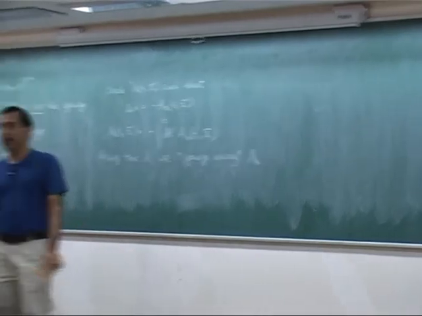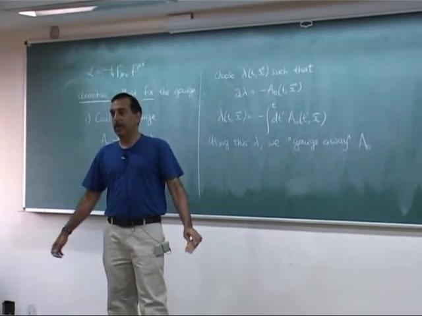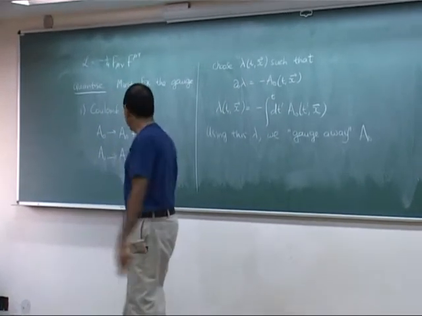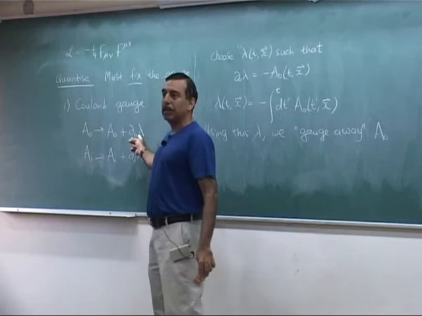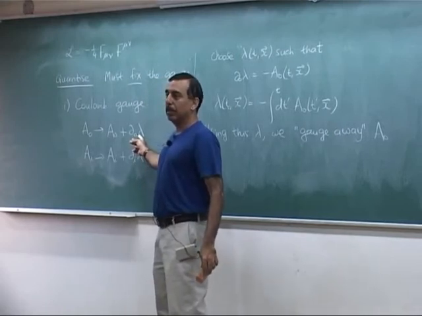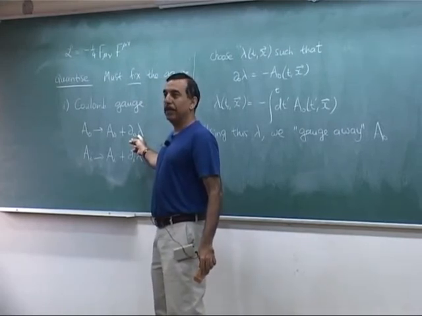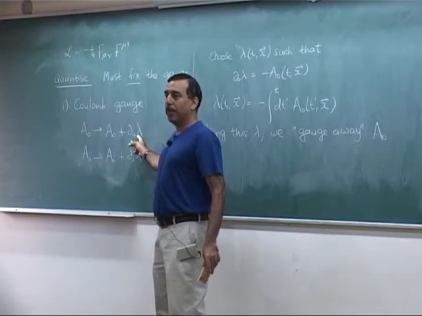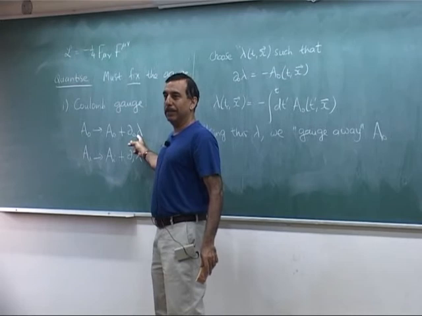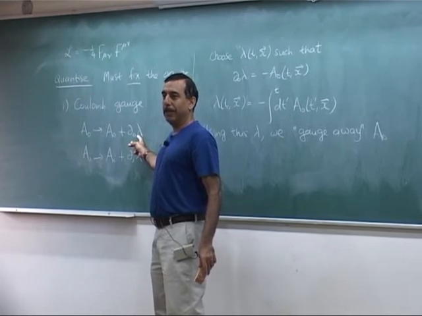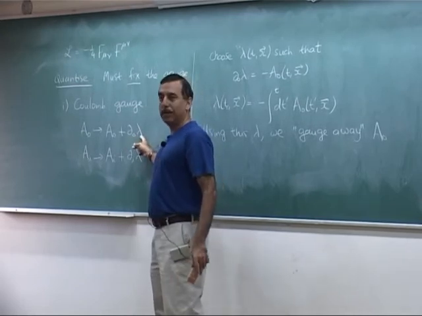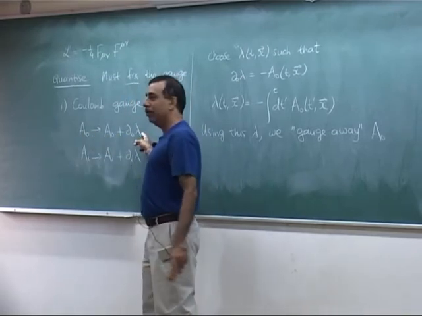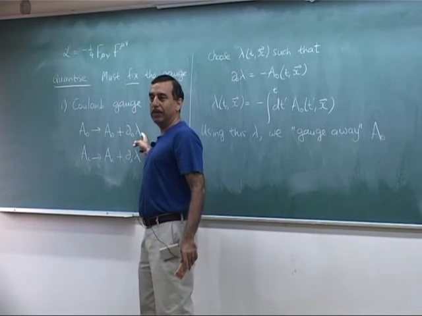If I make any gauge transformation without thinking, it might bring back A0, which I have sent to 0. When will it bring back A0? Which kind of lambdas bring back an A0 when it's already 0? Time dependent. If lambda is time dependent, then del naught of lambda is non-zero. So even if this was 0, after performing a new gauge transformation, it will again be non-zero.